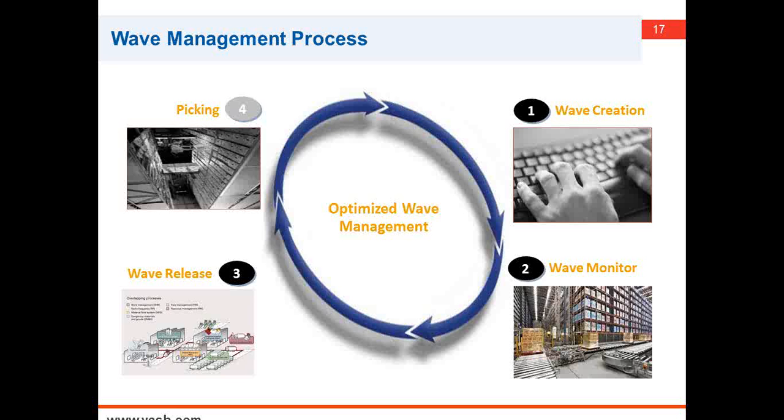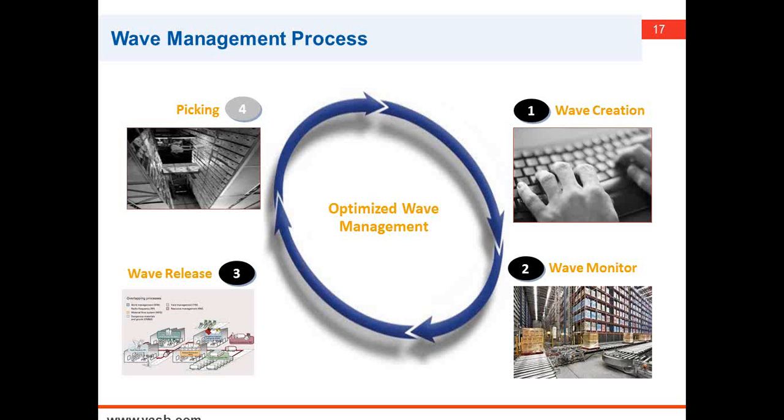And the storyline that we're going to have is we have a freezer, we have a refrigerated section, and we have a dry goods section. So those waves and those automatic wave creations may have different rules. Once we create the rules and the conditions with seasonality, we'll go into the monitor.